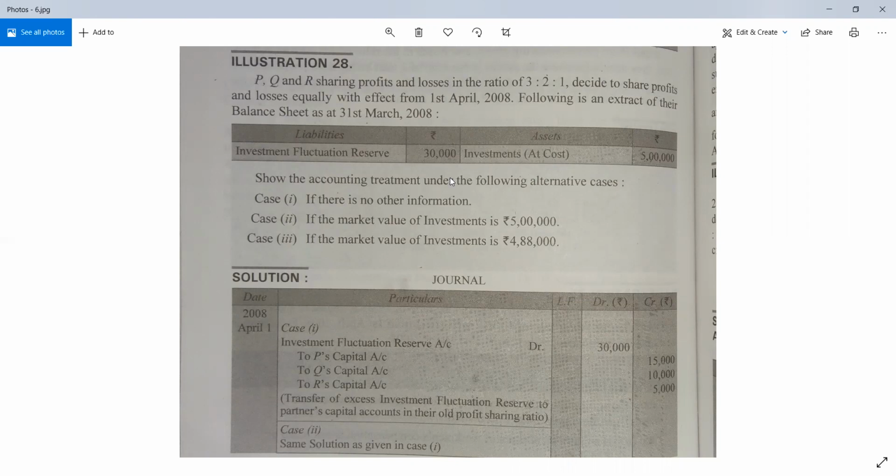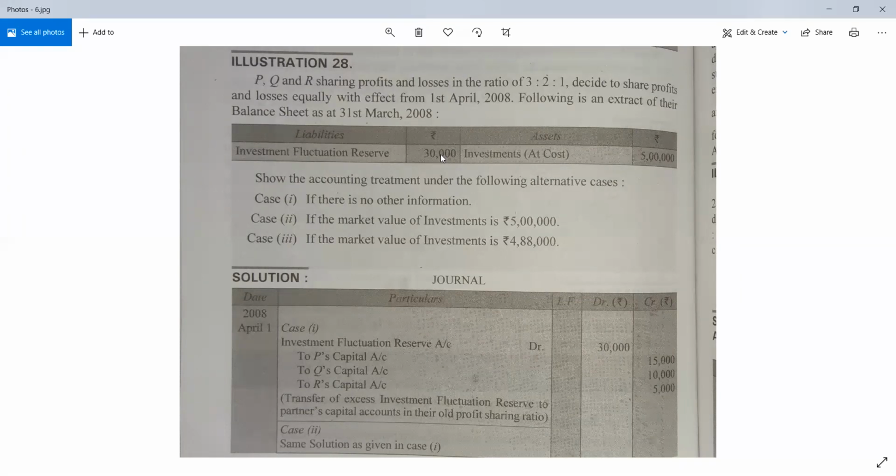In case number 1, if there is no other information, that means the 5 lakh investment is there and there is no change. No information means no change. So the whole amount of 30,000 that we have kept for this fluctuation will be transferred if the ratio is changing, because from the next date onwards new ratios will be applicable.